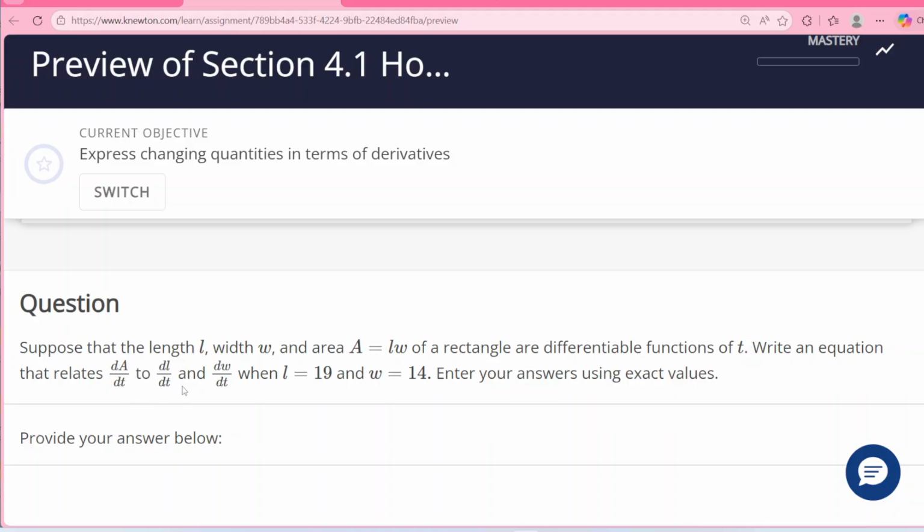So write an equation that relates these when the length L is 19 and the width W of this rectangle is 14. Enter your answers using exact values.